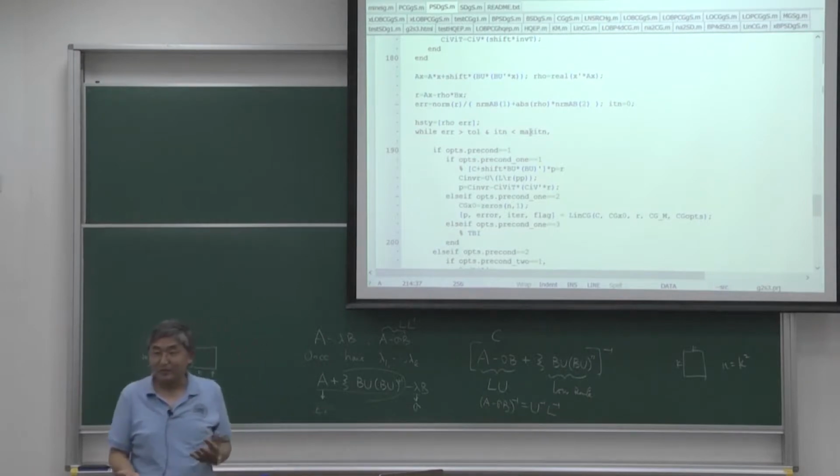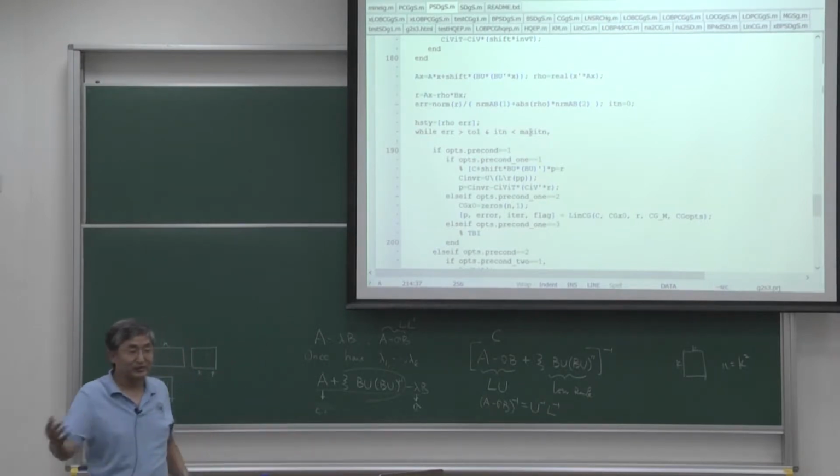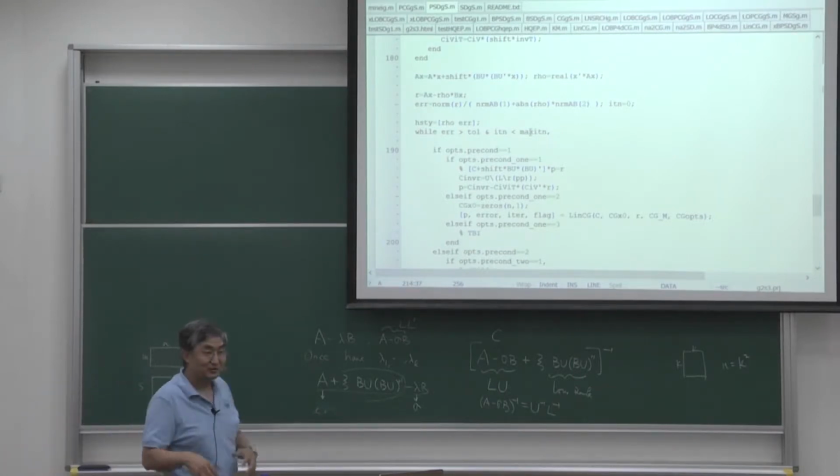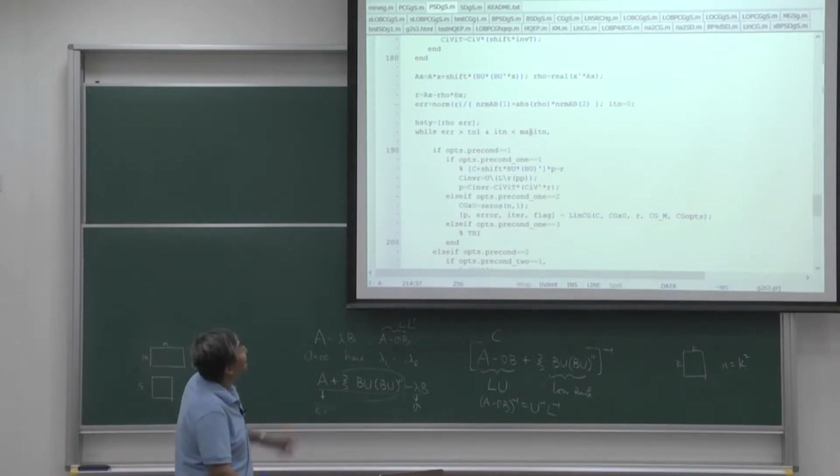You write the code; sometimes you could have a bug, it won't converge, and it takes forever. Here, just set it to a large number so that it will stop.